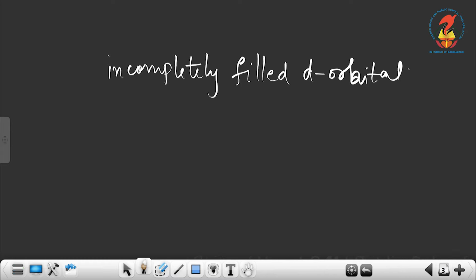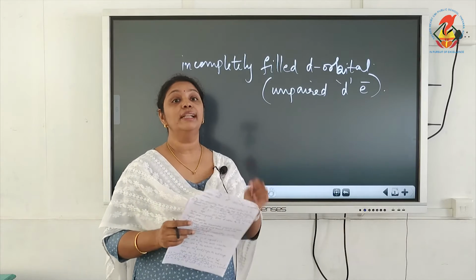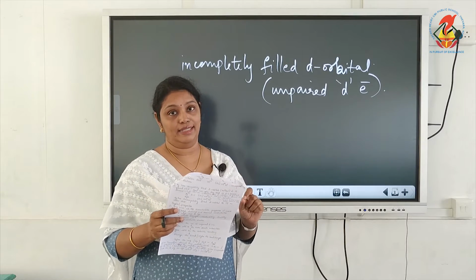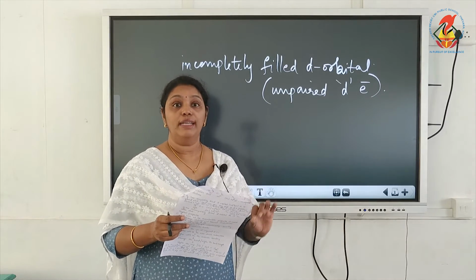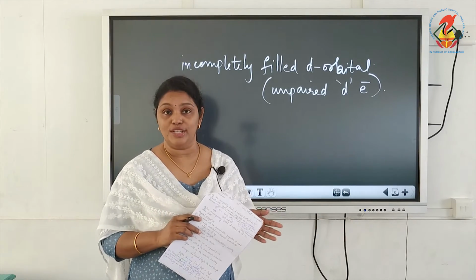That is, incompletely filled d orbital means what? There should be an unpaired d electron. So you can call an element a transition element if it has an incompletely filled d orbital in the ground state or in any of its oxidation states.